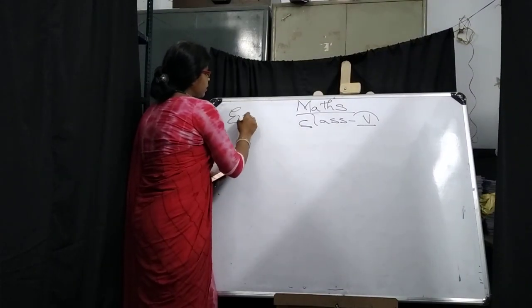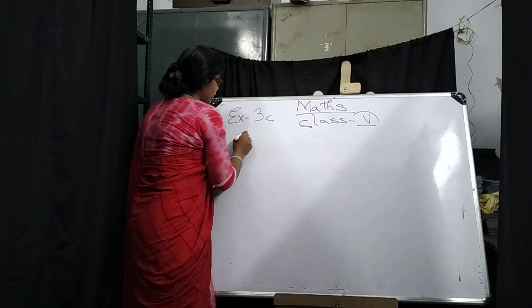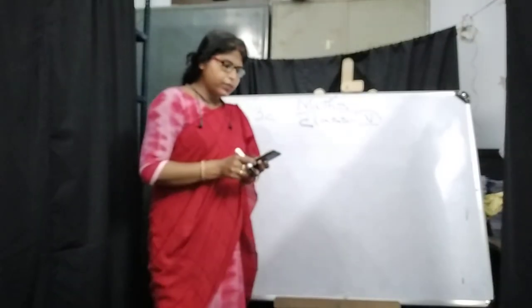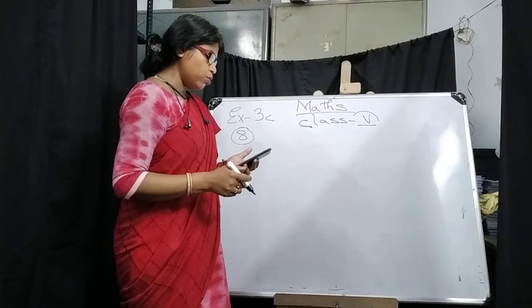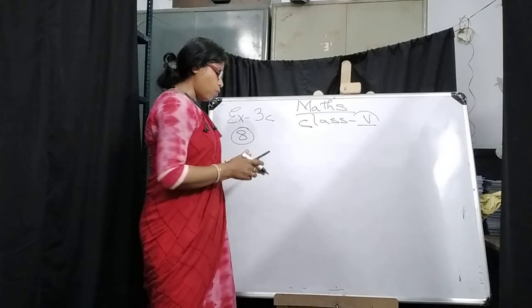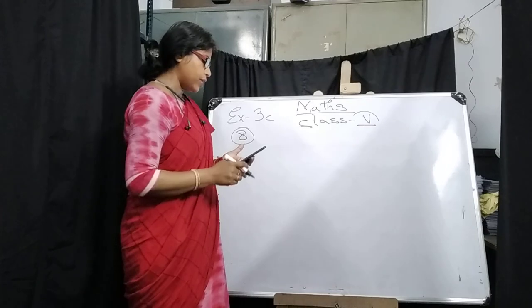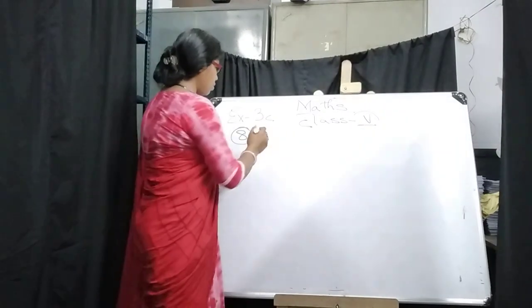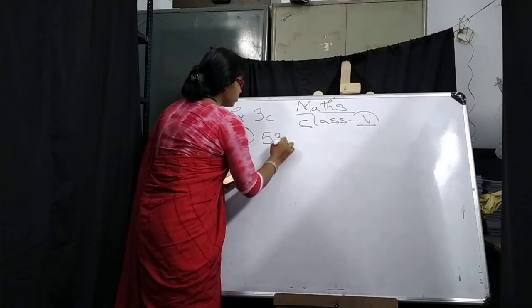Exercise 3C, sum number 8. What is the second part of 532 1004416? So, what is the second part of this? So, we will write like this.